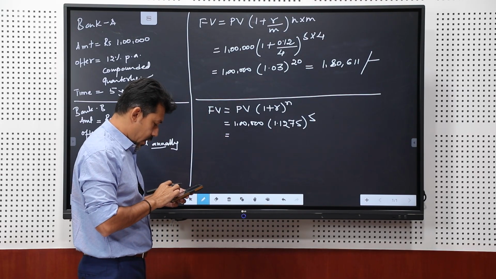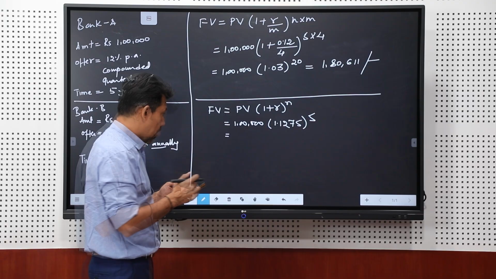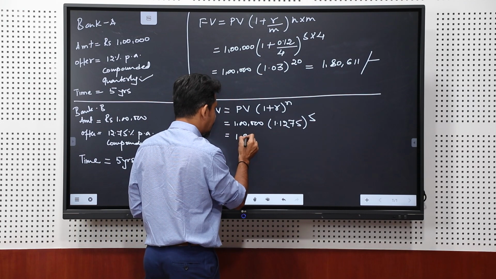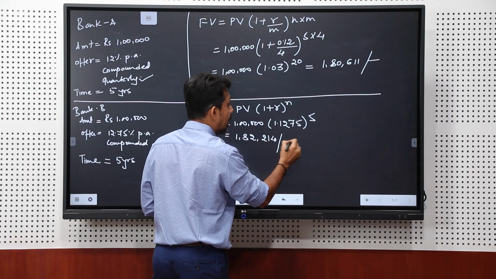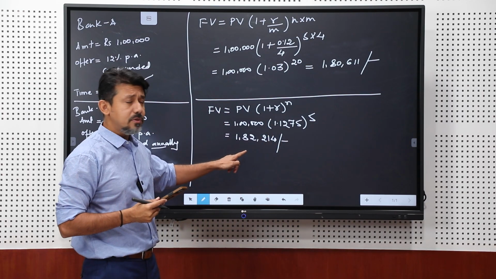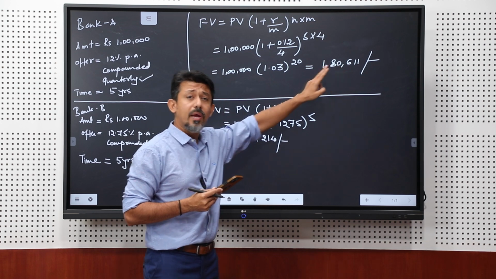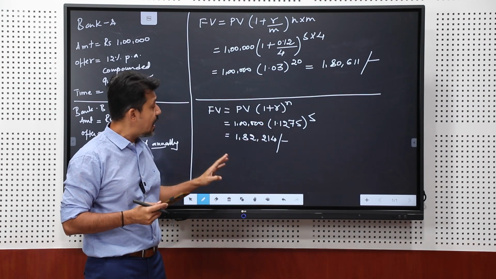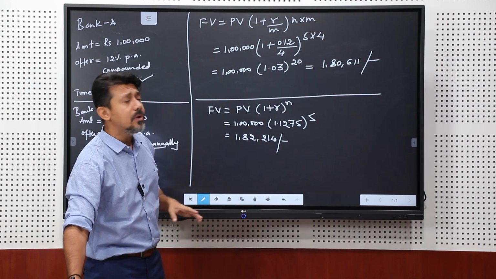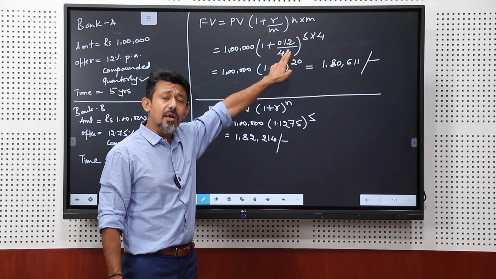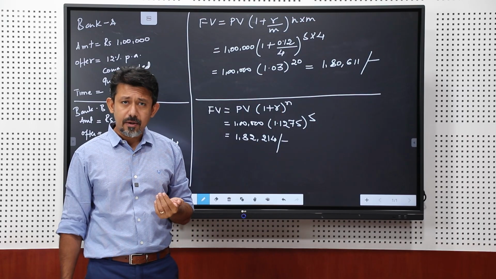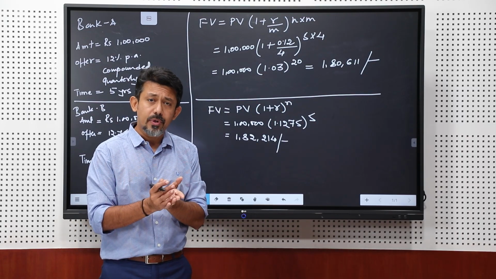So 1.1275 raised to 5 gives you 1,82,214. When you compare these future values, you get to know that 180 is what you get and 182 is what you get. So essentially, annual compounding at 12.75% is better than quarterly compounding at 12%. So this is one way of getting to it.